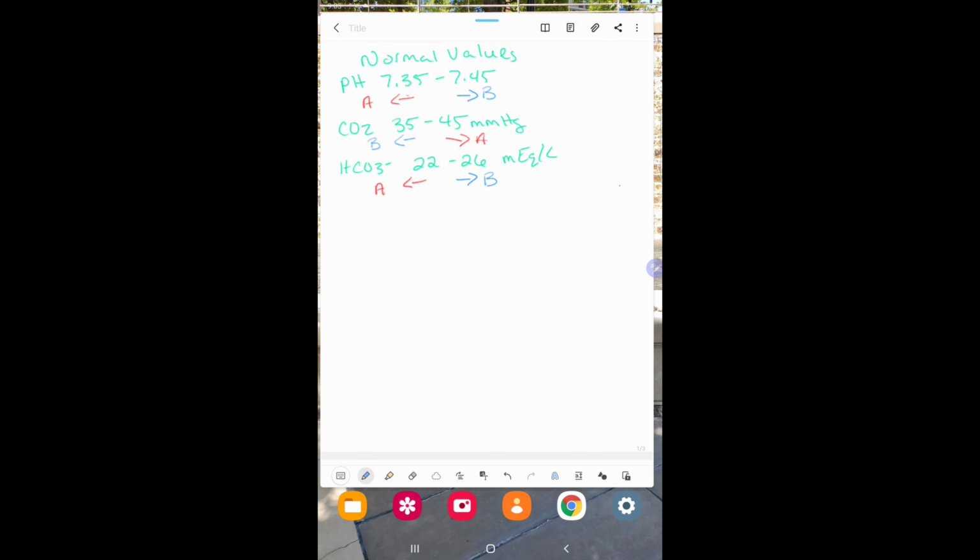I wrote up my values, and then I drew out these arrows just like you've seen, and I put ABA, and on the other side I put BAB. That way I knew exactly what direction I was going, and I didn't get my acids and my alkalosis confused, because that was very mind-boggling to me when learning this, and it's something that I really struggled with.